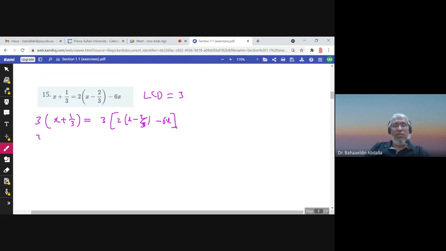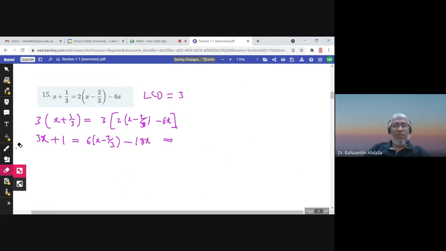So 3 times x plus 3 times 1 over 3, which is 1, equals 3 times 2, 6, and 3 times negative 6 is negative 18x.